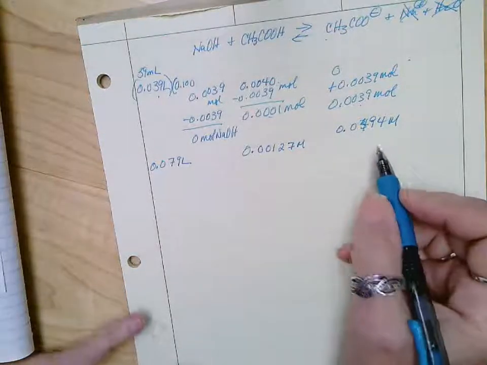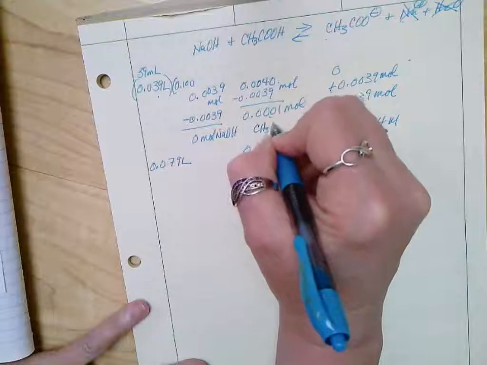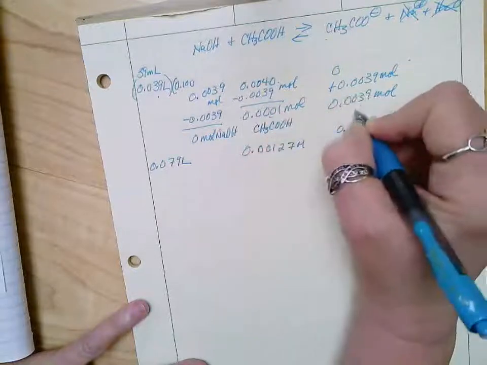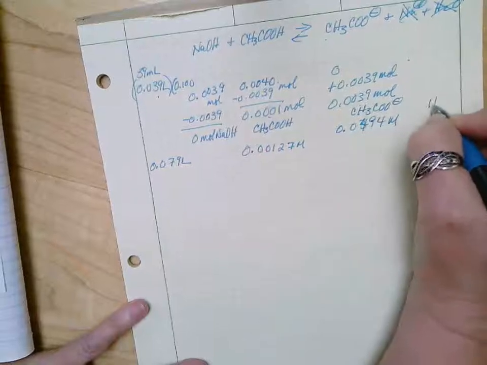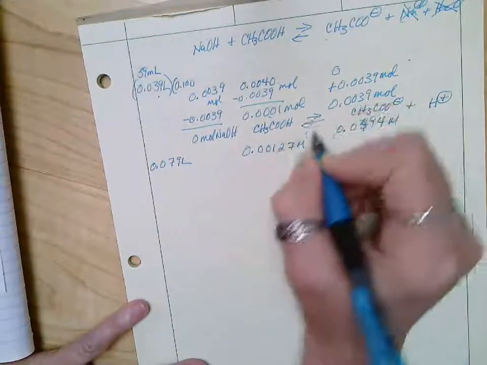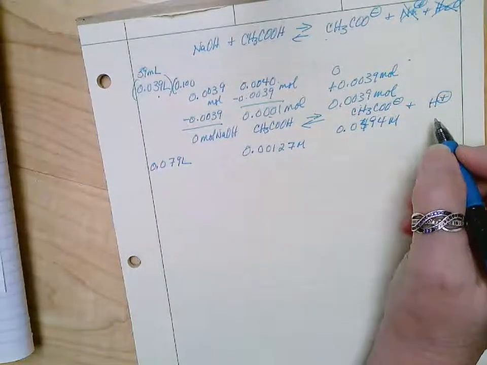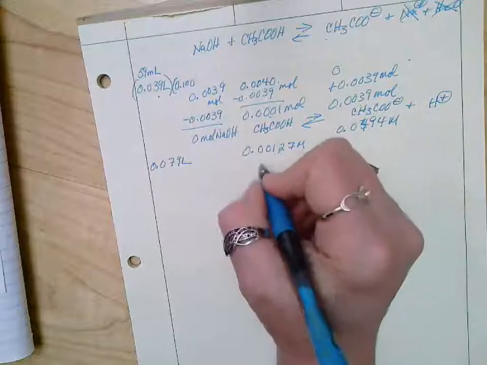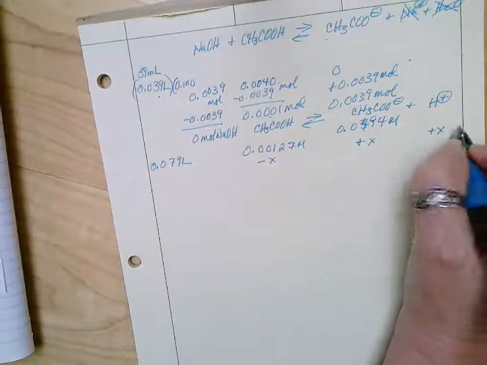Now, I still have my acetic acid, my acetate, and my hydrogen ions. Since I don't have any hydrogen ions, or really very, very small, I'm going to lose X here, I'll gain it here, and I'll gain it here.